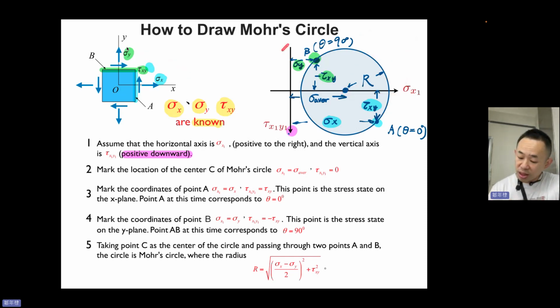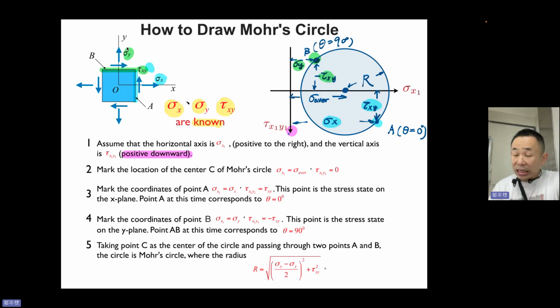If we used the other direction, it may not rotate in the same direction. So that's the reason why we make tau x1y1 pointing downward positive, because we want to match the rotation. That's the most important part.